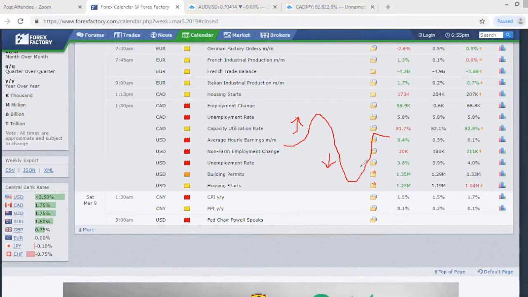And then ultimately we see that price move back to the upside, back up to those similar levels of where it was prior to that data release. So we saw this whipsaw, which just created liquidity within the market.